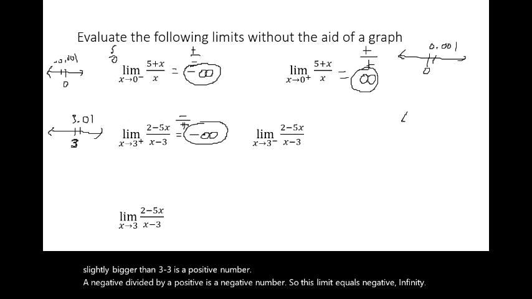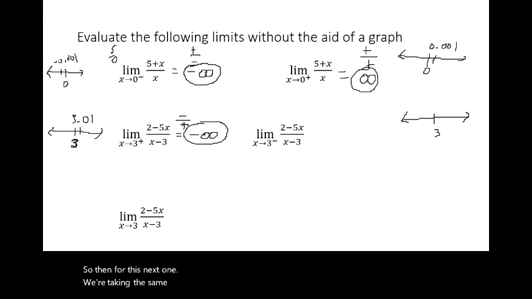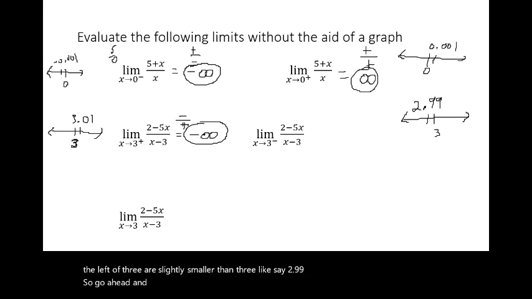For this next one, we're taking the same function and we're going to approach 3 from the left. Numbers to the left of 3 are slightly smaller than 3, like say 2.99. Go ahead and either mentally or on a calculator plug in 2.99 for x and see what sign you get.